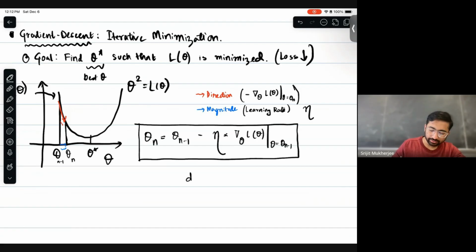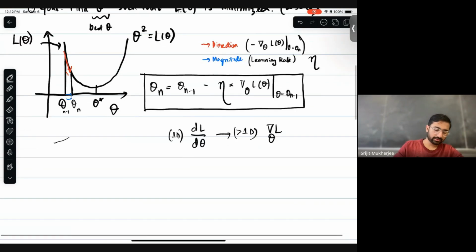Usually we write derivative for gradient, for the derivative, but this is in one dimension, 1D. When we're in more than 1D, we write it as this. The reason is that in higher dimension, let's say the higher dimension is like this.